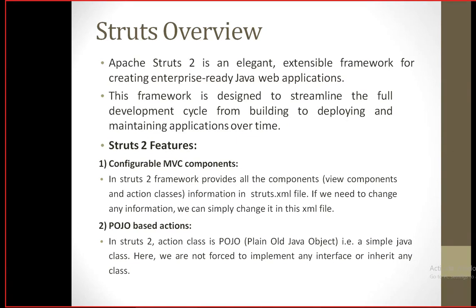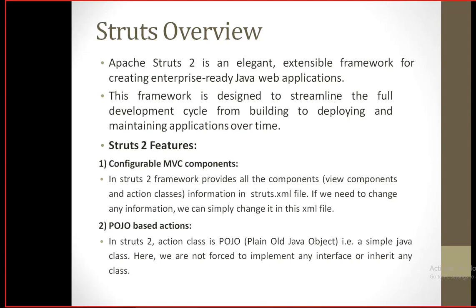And we have two choices. Either we can implement it directly without inheriting or implementing any of the classes or interfaces, or we can implement the ActionSupport interface, right? In that case, whatever inbuilt interface methods are there, we need to define those methods since we are implementing the ActionSupport interface.